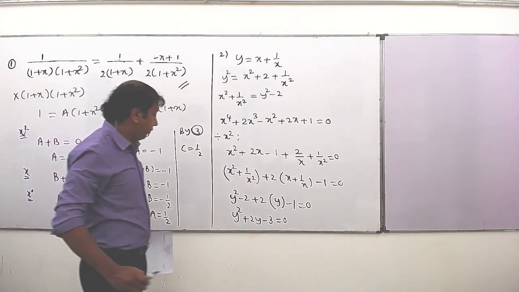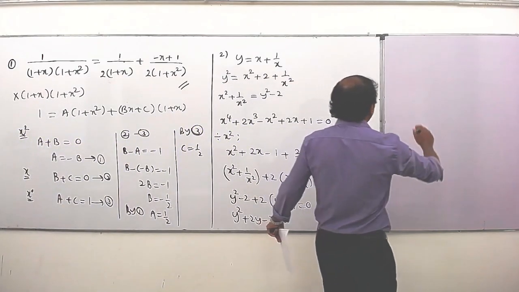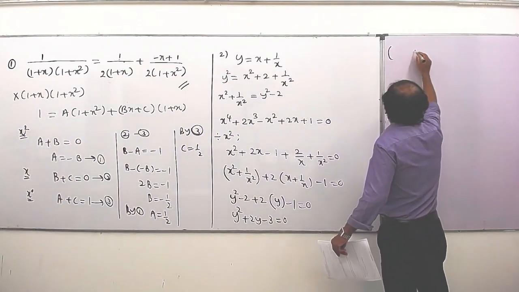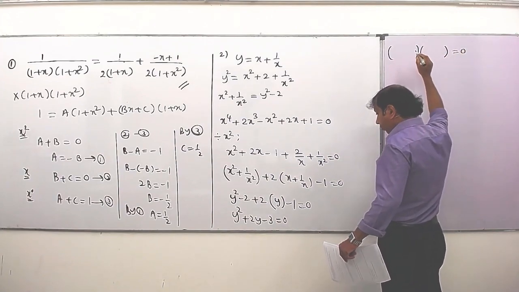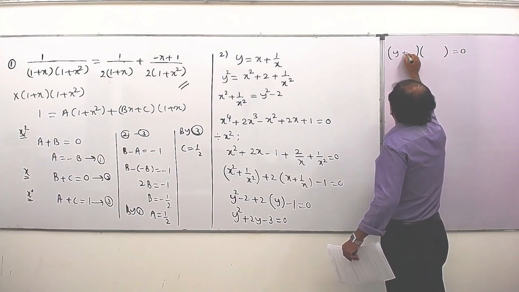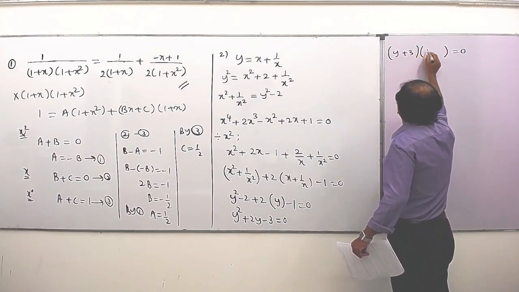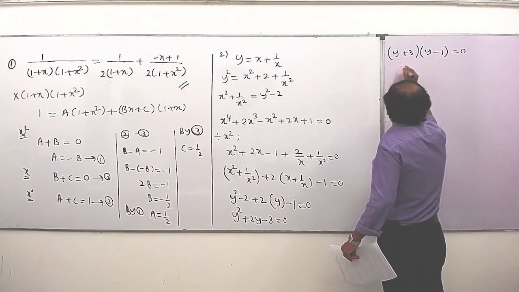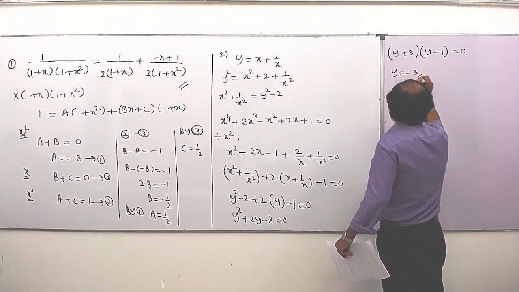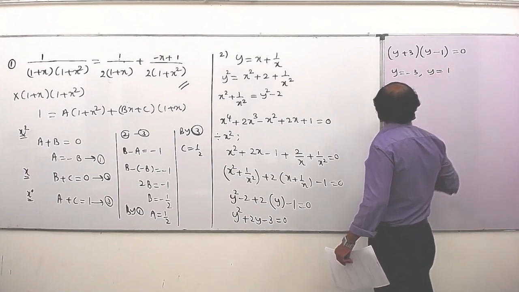The factors of this we can write. Right? Y plus 3, y minus 1. Right. Then there are two answers for y. This way.